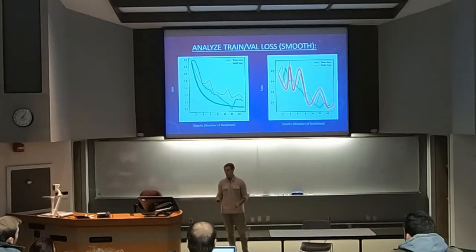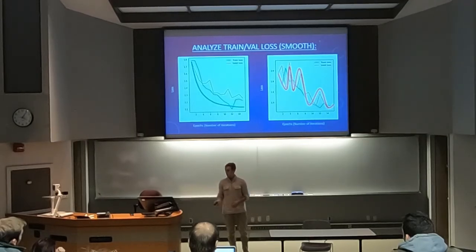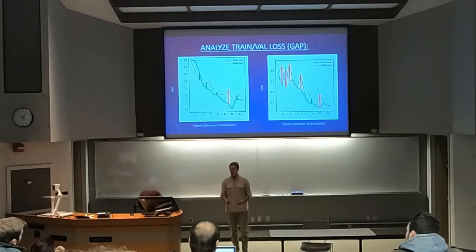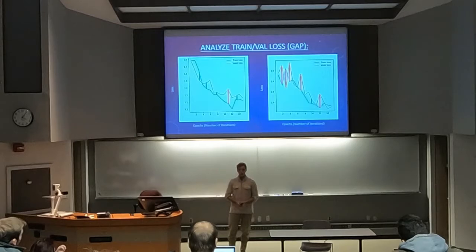You can see the one on the right is bouncing around, it's not accurate, whereas the one on the left is significantly smoother. You also want to minimize the gap between your train and validation losses. You're never going to have a perfect model, you're always going to end up having some kind of gap, but you're trying to minimize that gap as much as possible.